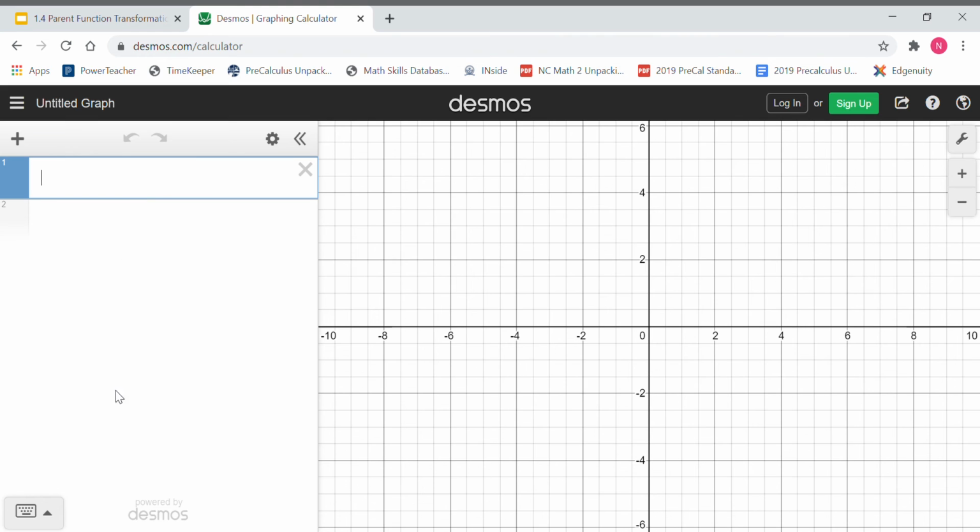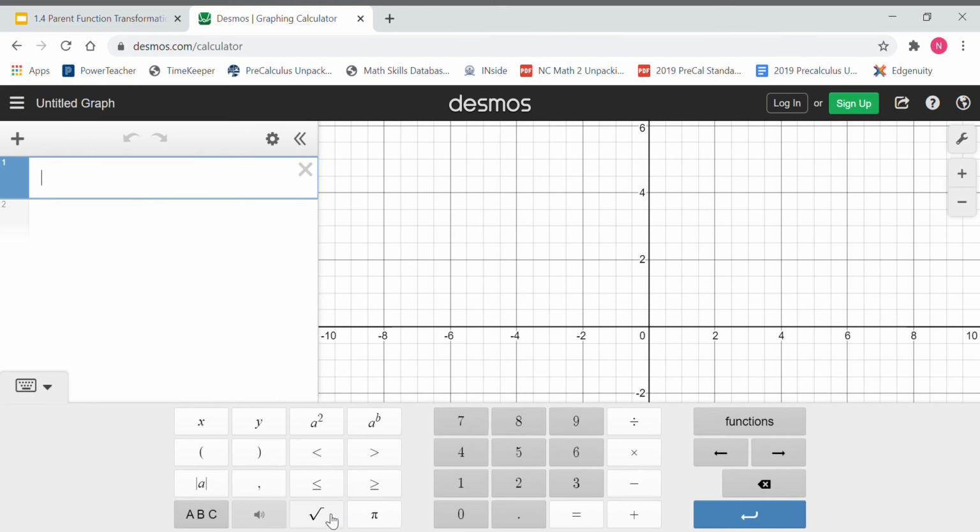But we did say the square root of negative x minus 3, plus 2. So it's a good thing that we checked because we aren't taking into account this negative in the front.